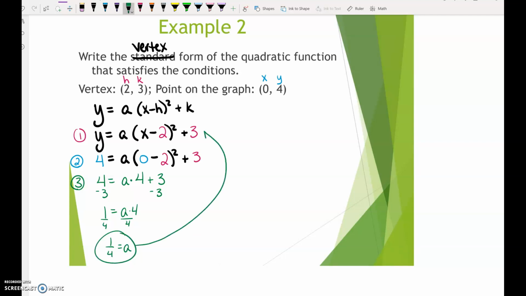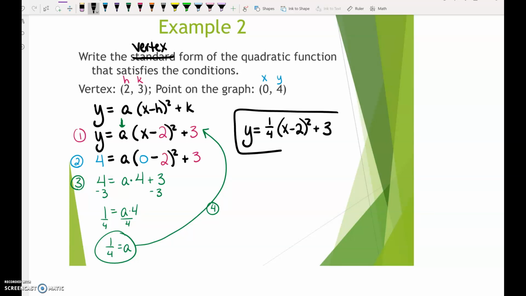Your fourth step is to go back to your first step and now replace A with what you know A is going to be. So I'm going to label that with my fourth step. My fourth step is to rewrite this as y equals 1/4 times x minus 2 squared plus 3.